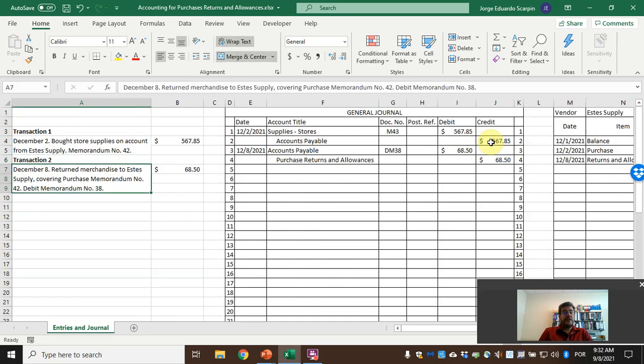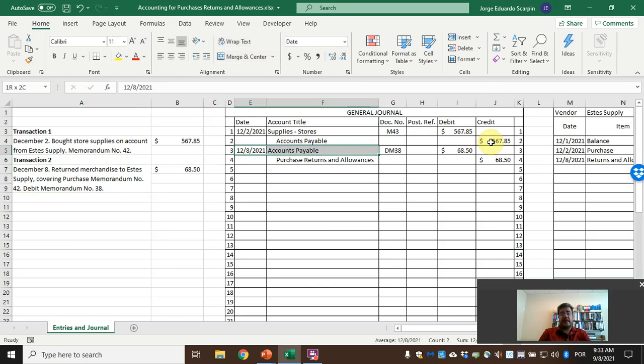However, we return merchandise. Not all of it, we return 68. So here, our date, December 8th. What is our debit here? It is accounts payable. Why accounts payable?